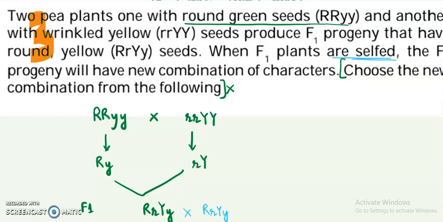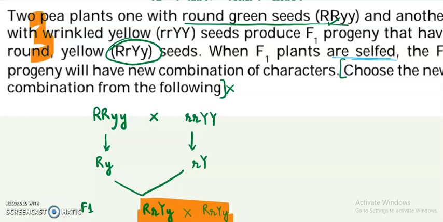Now this is the same genotype that was given in your book for the dihybrid cross. The initial situation that has been written, round green, is different, but here we are getting the same result. So don't get confused. You need to recollect what all phenotypes were received in Mendel's dihybrid cross.